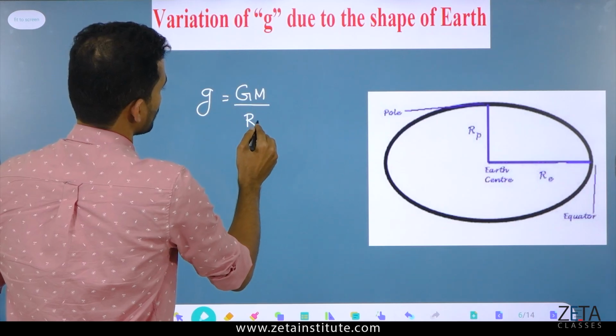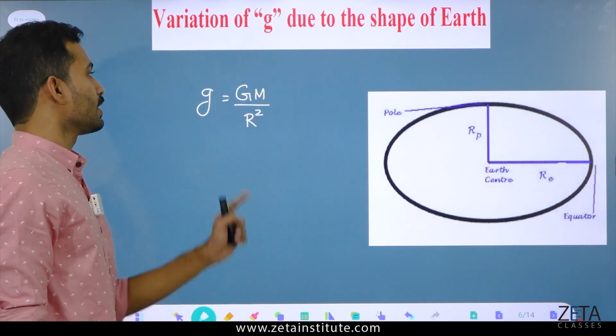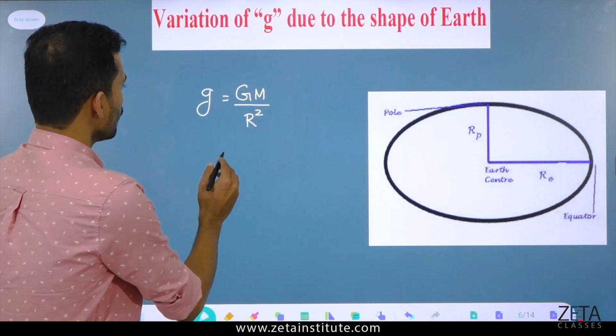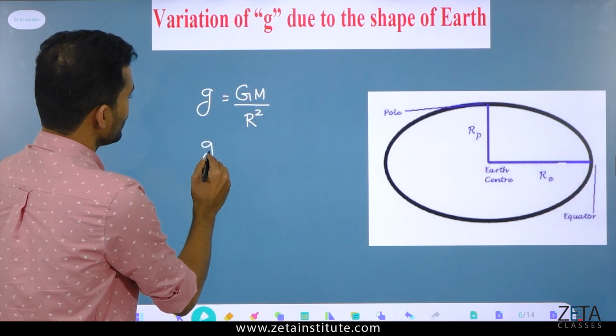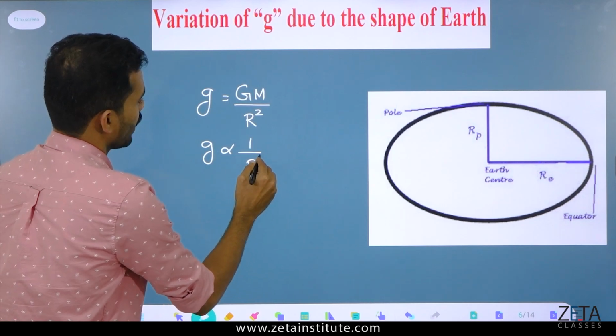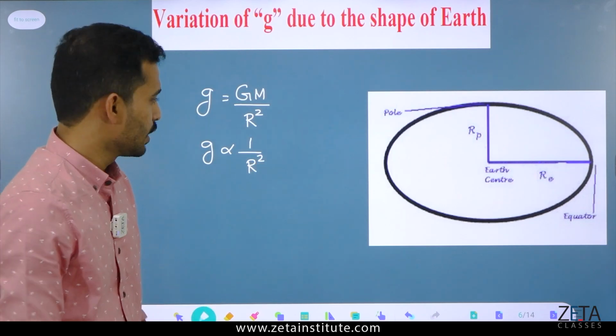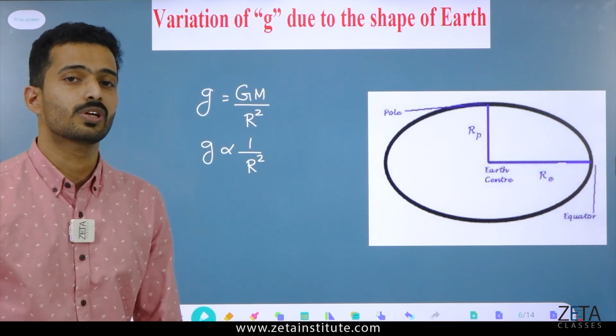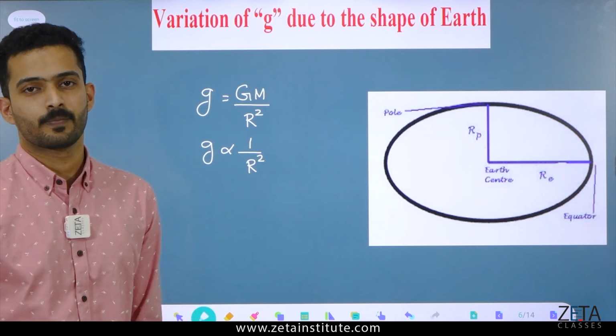So from this we can write g is proportional to 1 by r square. That means when the value of r increases, the value of acceleration due to gravity decreases.